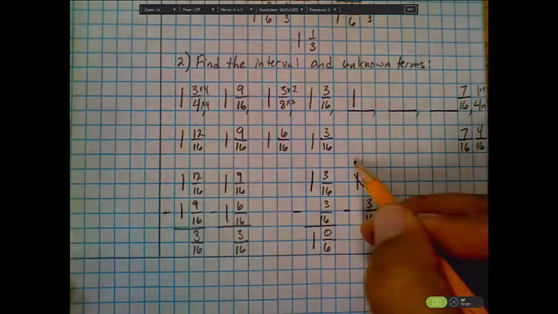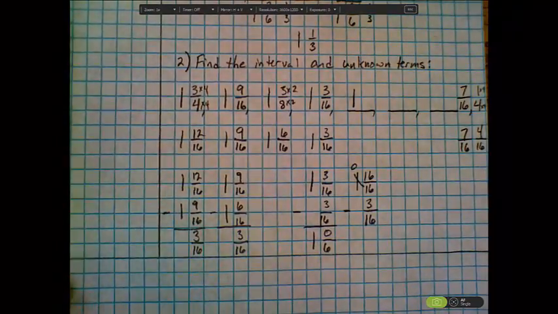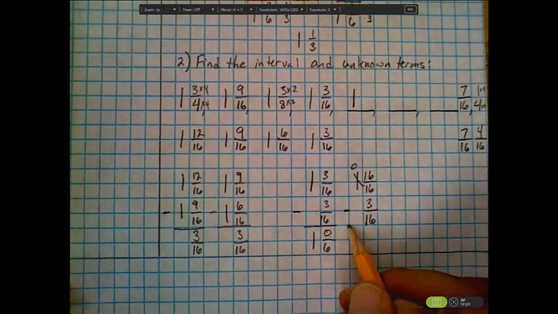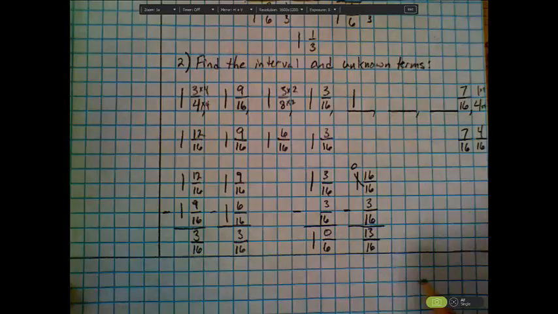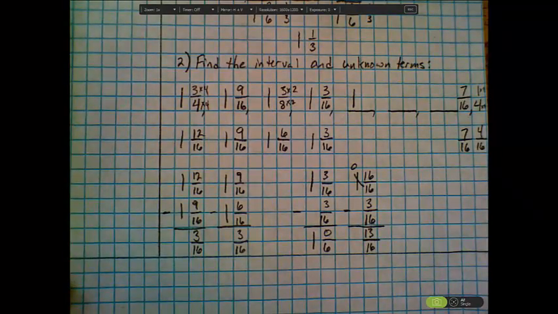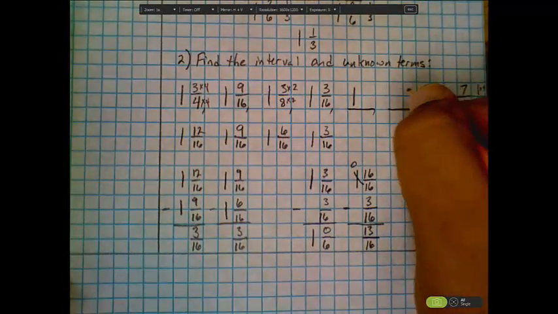We're going to have to change the 1 to a 0, and we're going to turn it into a fraction, which is 16 over 16. Now we can subtract. 16 minus 3 is 13. Keep the same denominator. 0 minus nothing is still 0. And so our next one is going to be 13/16.